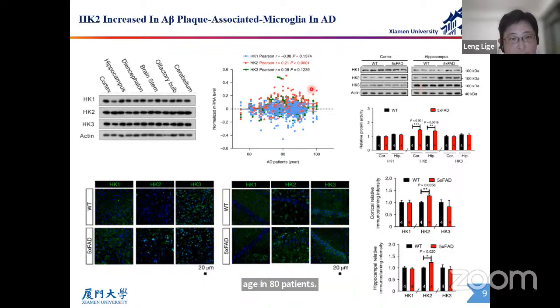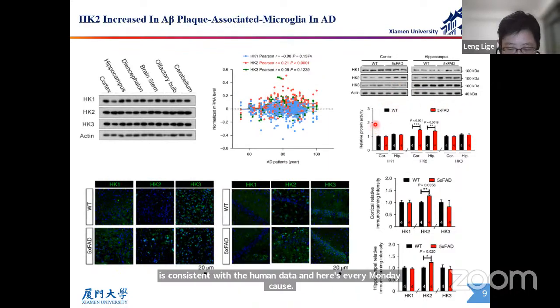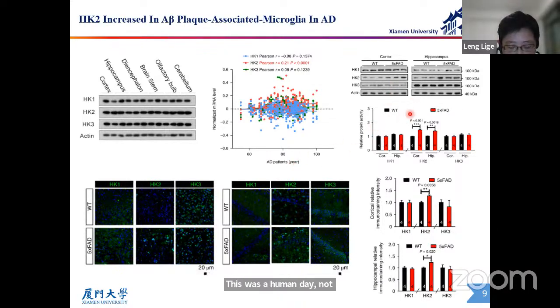Consistent with the human data, a significant increase of HK2 was observed in the cortex and hippocampus of FAD mice compared to wild-type mice.